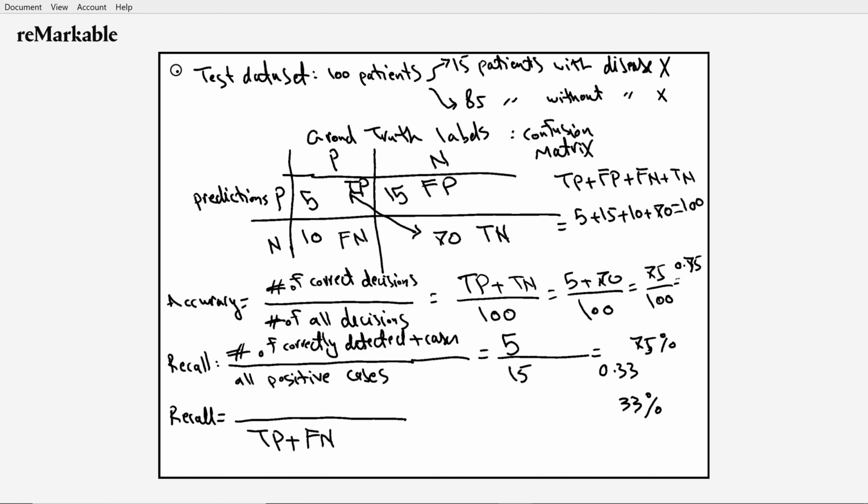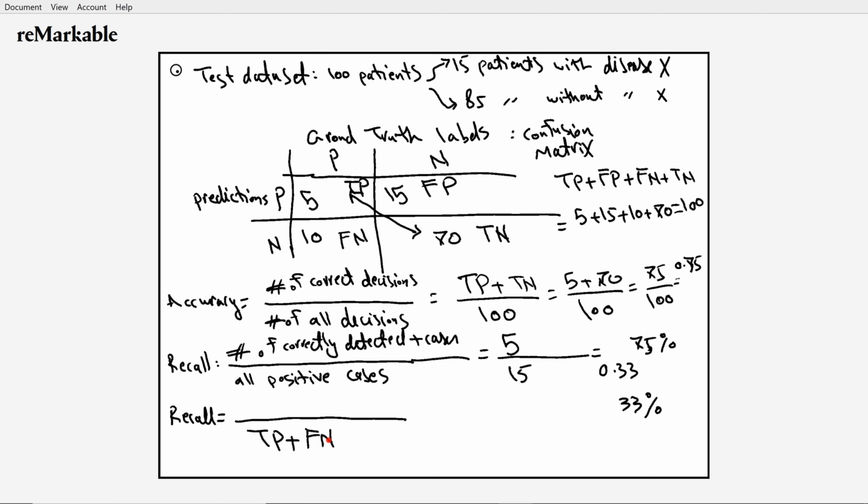All your positive cases are either true positives, which means cases that were positive in reality and you detected those, or they could be false negatives, which means, again, in reality, these are cases that were positive, but your model mistakenly predicted those as being negative.